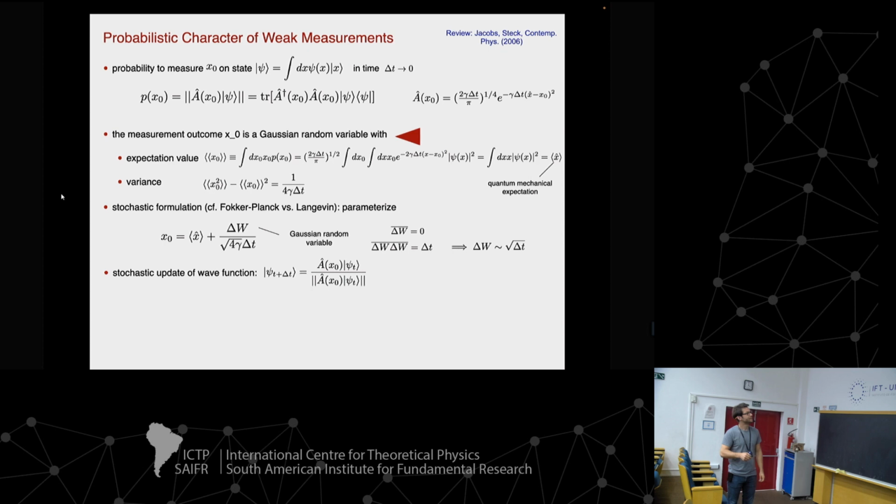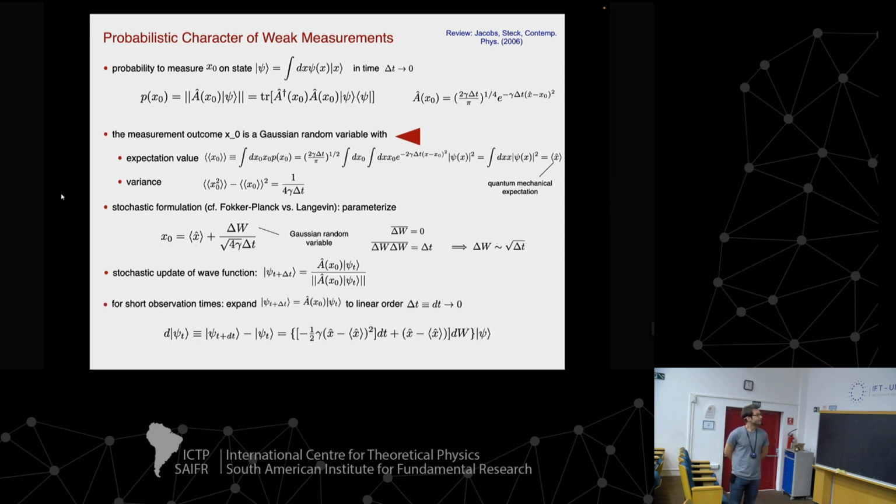Okay, right, and the stochastic update of the wave function, as we do it with projective measurements, we hit the wave function with the operator a hat of x naught, and we rescale the wave function according to the Born probability. Then for short observation times, we expand to linear order in this delta t, and that is now half a page of pretty straightforward calculation.